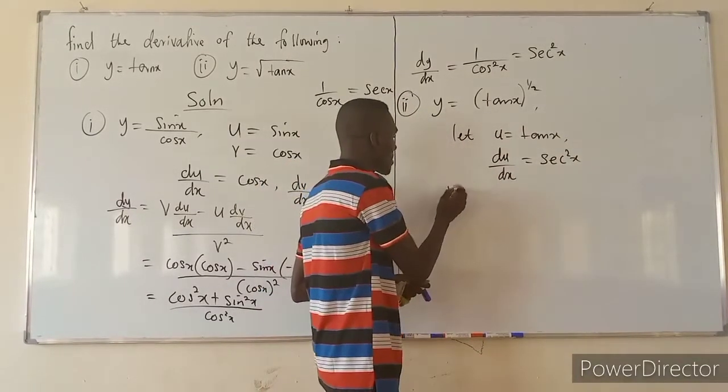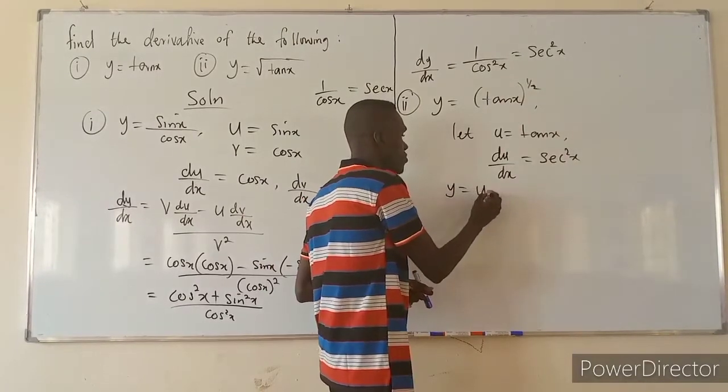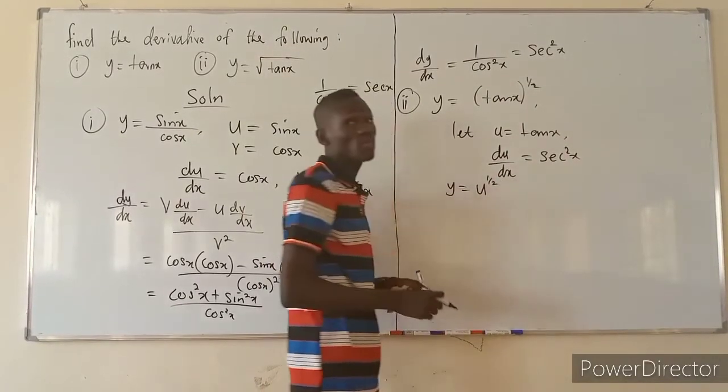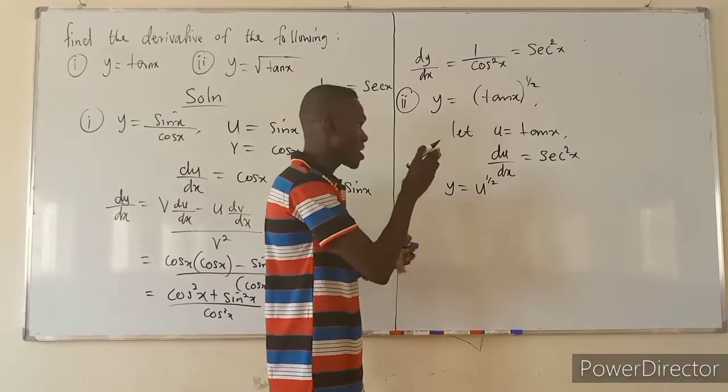So right now, since I said the whole of this is u, I'm having u raised to power 1 over 2. So how do we differentiate y? Just normal power law.